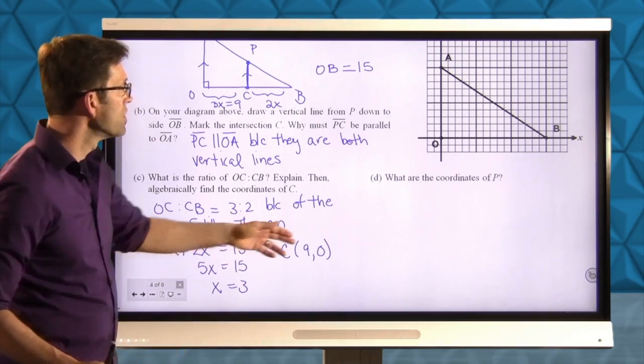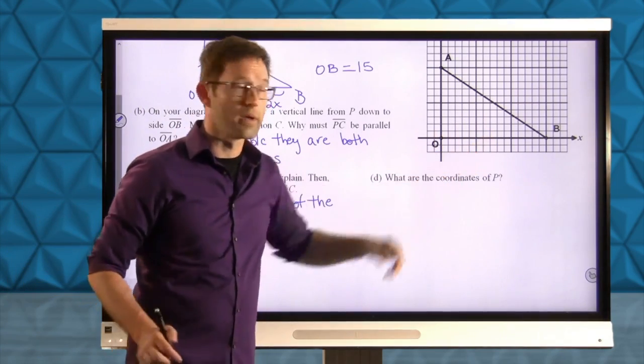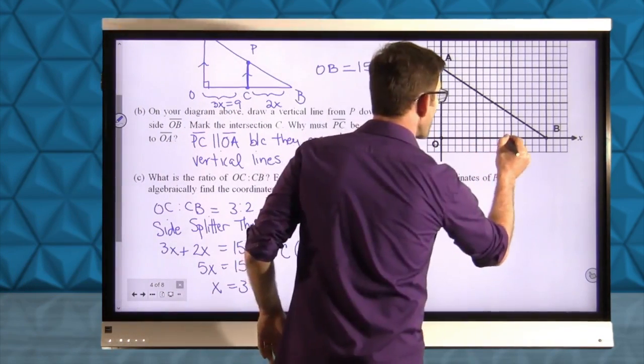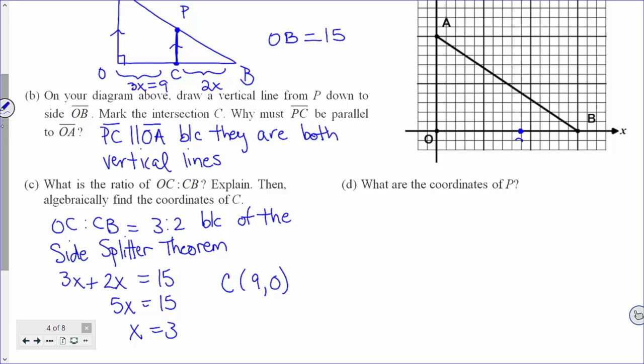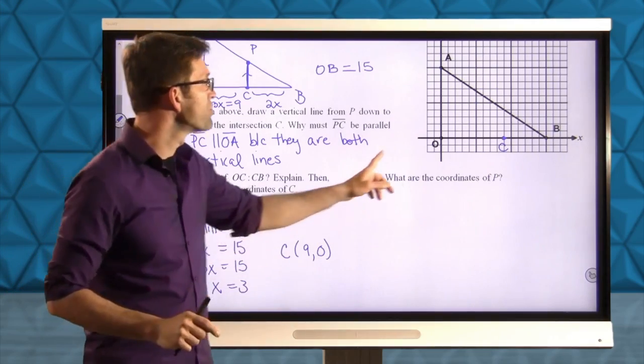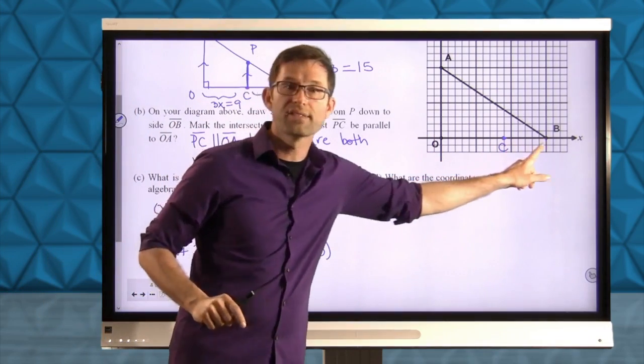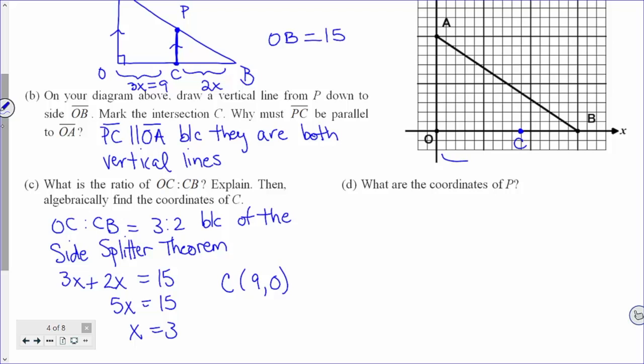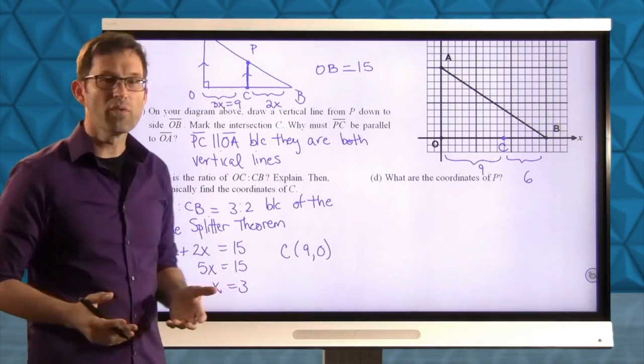Now, the 0 is just the fact that C is somewhere along here. So I can actually mark it right on my diagram. There it is. There's my C. And what it's really done is it's broken this into 9 and 6. This has got a length of 9, and this has got a length of 6. And now here's the beautiful thing.